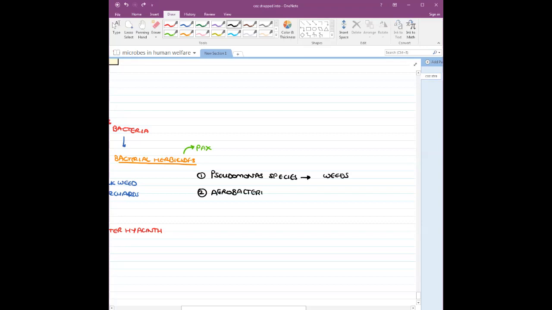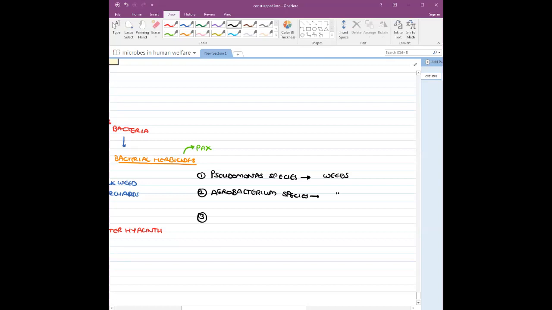What we do is, when we want to transfer some genes from an organism into a plant, we will always make use of this soil bacterium, Agrobacterium tumefaciens. Okay, so here we are just using Agrobacterium species. SPP meaning species actually, but anyways, I'll just put it down. So once again, guys, this is going to be against several weeds.